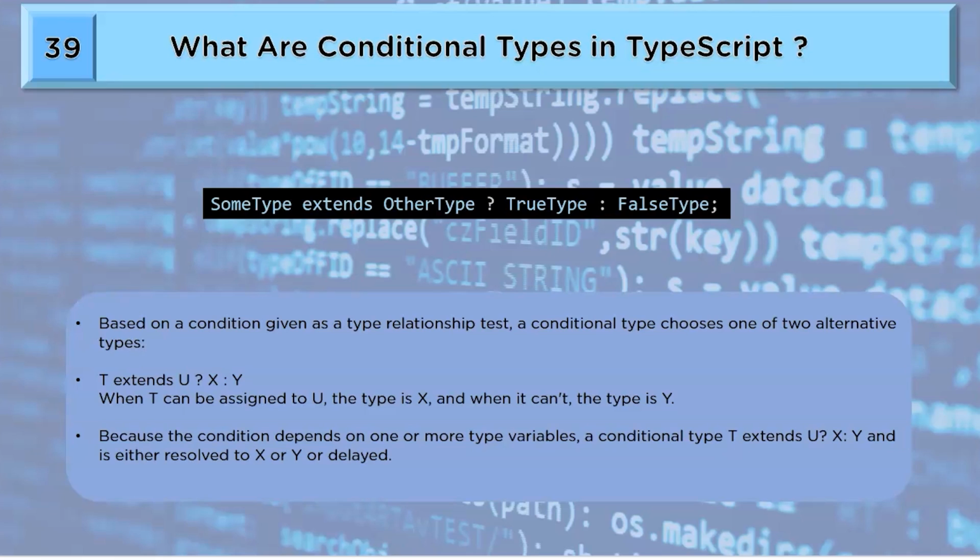Whether to resolve to X or Y or to defer when T or U contains type variables is determined by whether the type system has enough information to conclude that T is always assignable to U.